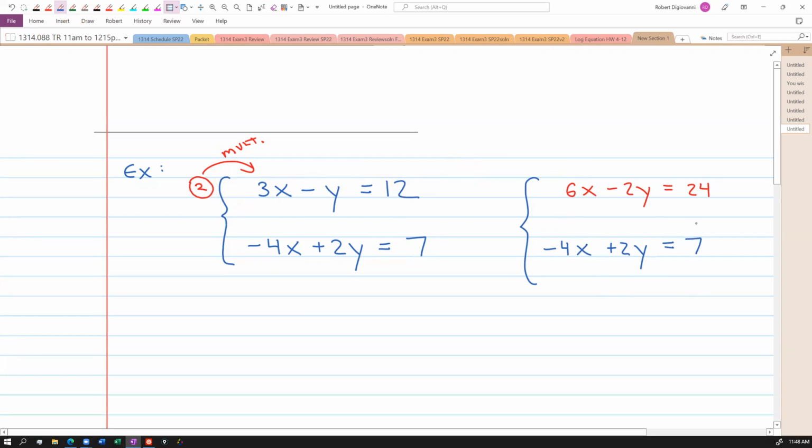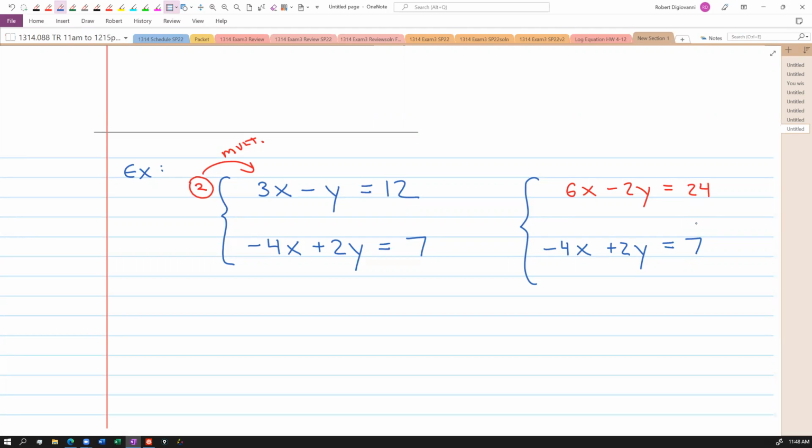Now, why are you allowed to do this? Well, because we know that when you have an equation, you can always multiply both sides of the equation by any number and it doesn't change the equation. So this is a legal move. And now, see, they're going to go away when we add down. Right?